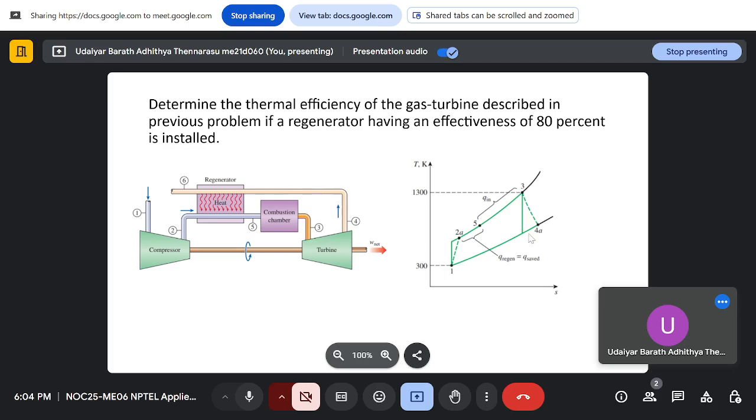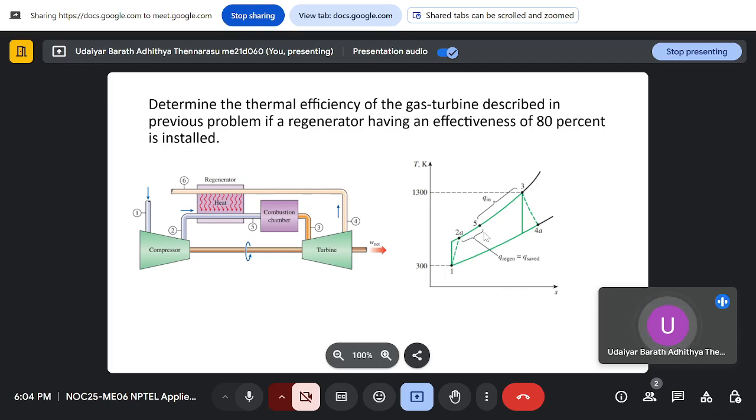Normally this is an open cycle, so you leave this exhaust gas at 4A to the atmosphere. So you are wasting that much energy, not fully utilizing the heat which you have provided.